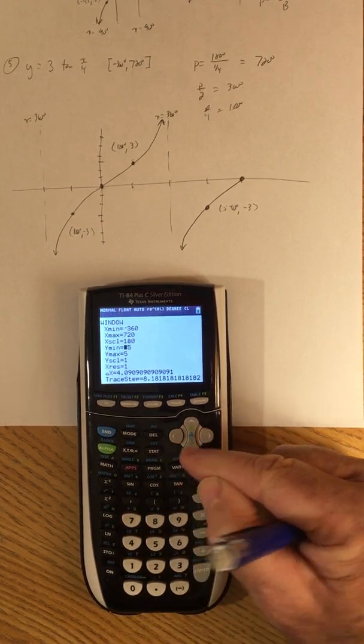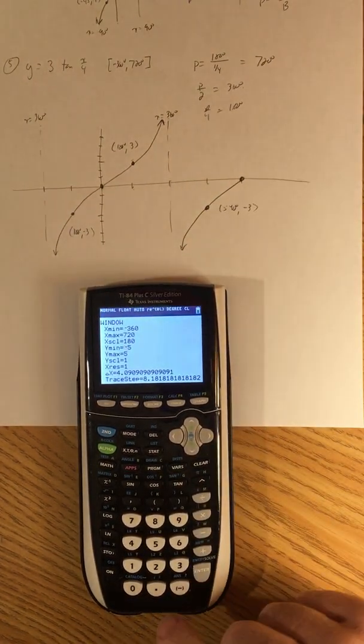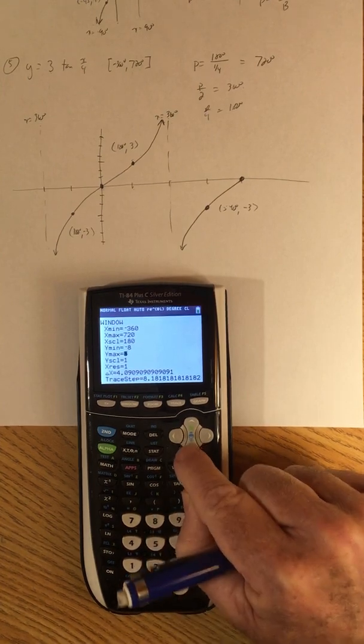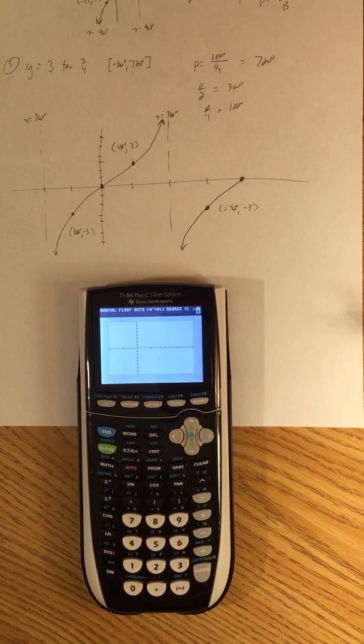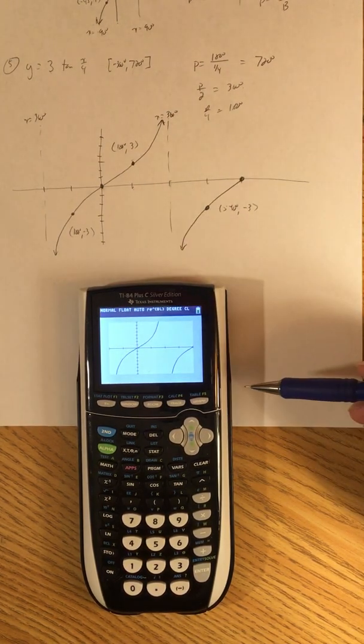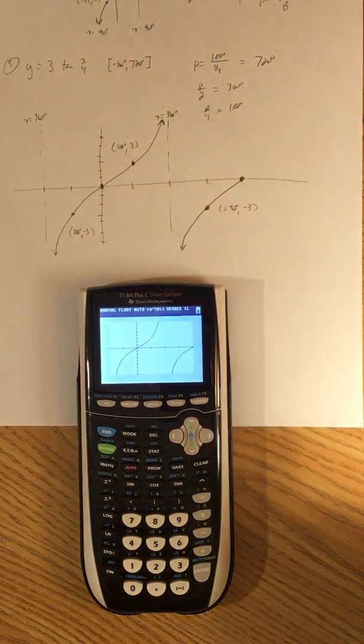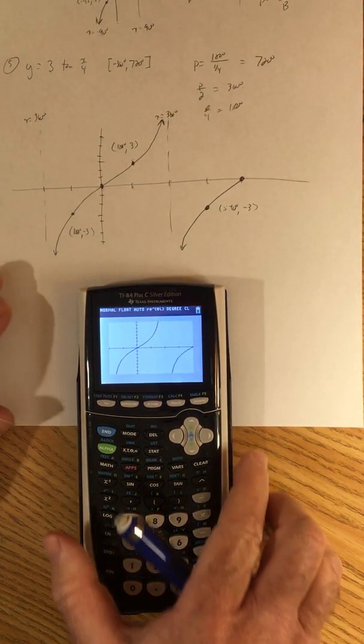So let's go a little bit further than -5 to 5, maybe -8 to 8, and let's see how it looks. All right, now again, every time we've done a trigonometric graph, when you check by grapher, you should end up with the same thing that you put on your paper.